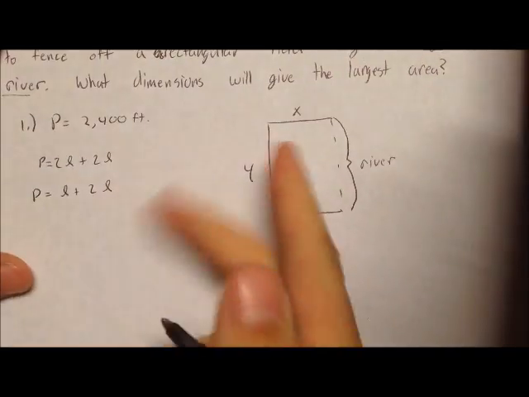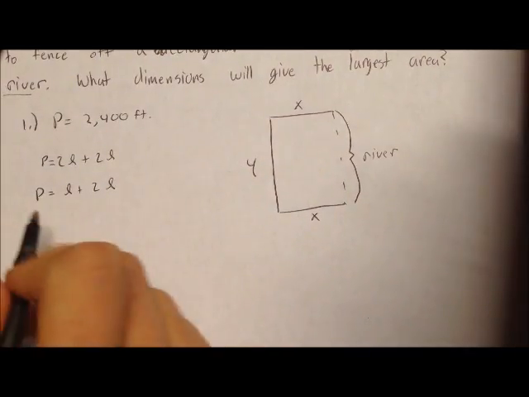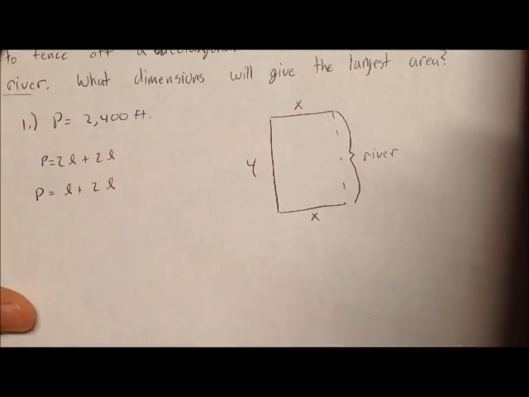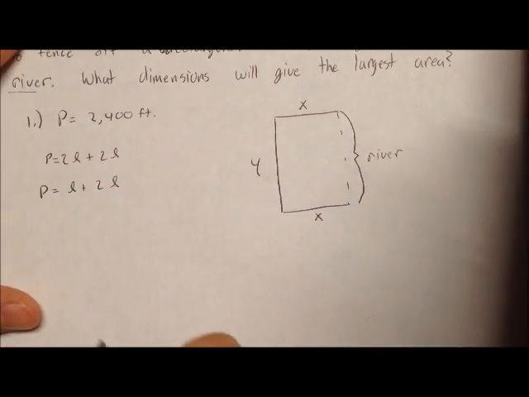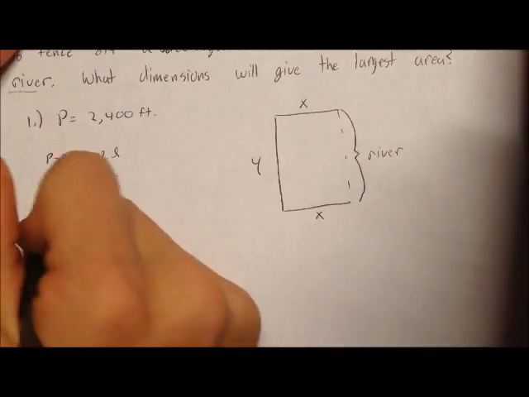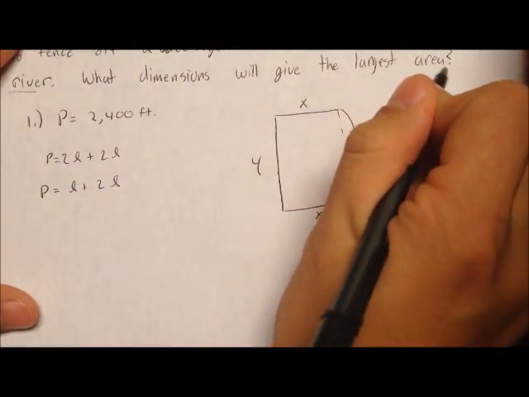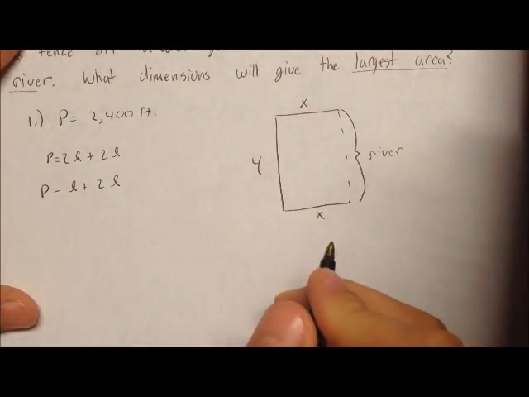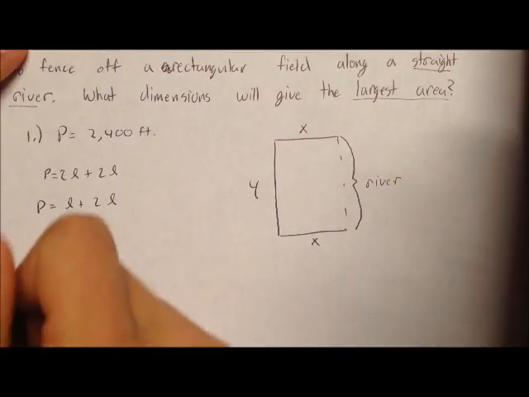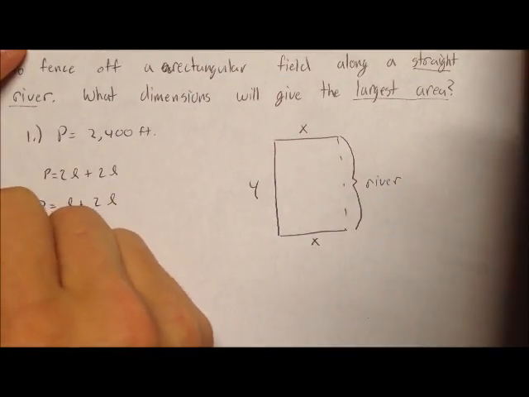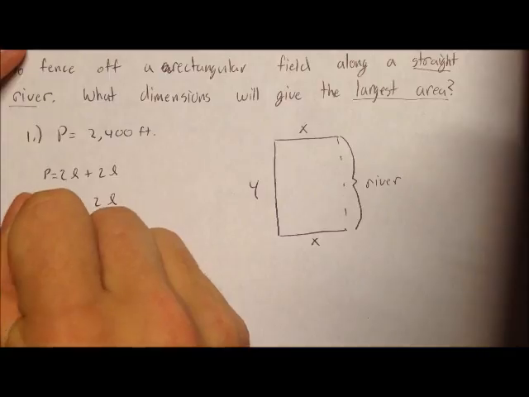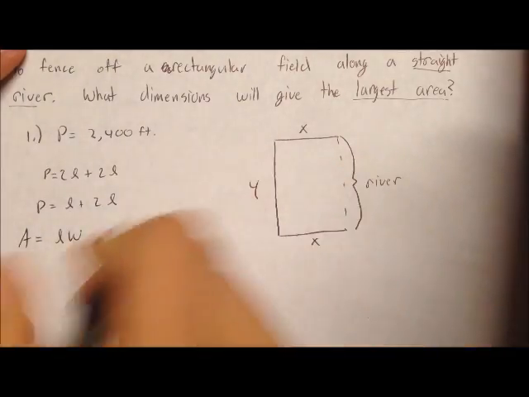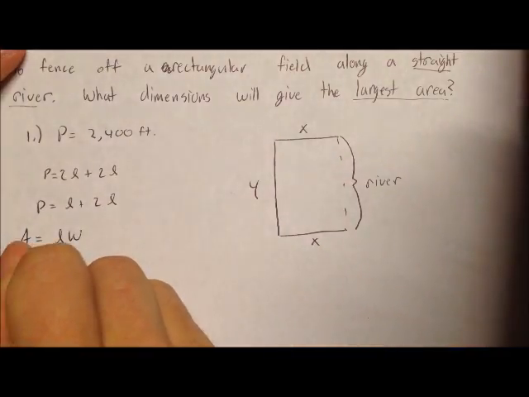So that is our given variables, and we are going to want to write the primary equation that will be the one being optimized, which is area in this case, and we're maximizing it. So you'll know that area is equal to length times width, which is in this case X times Y.